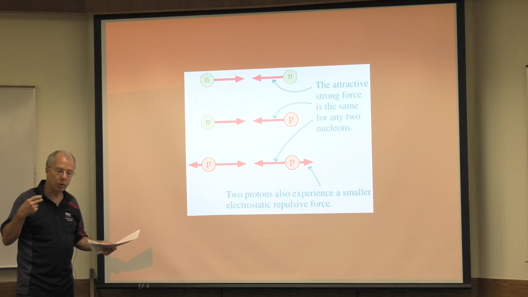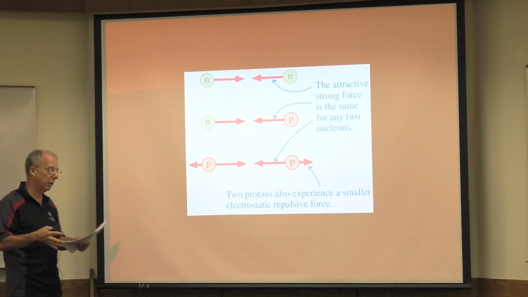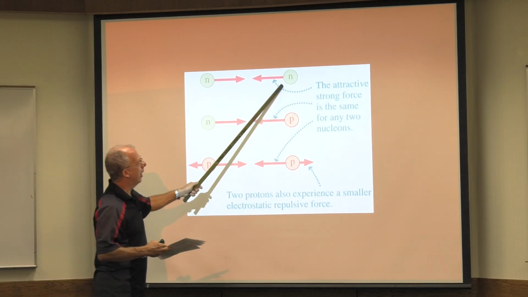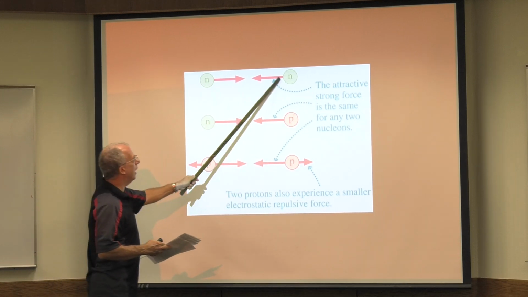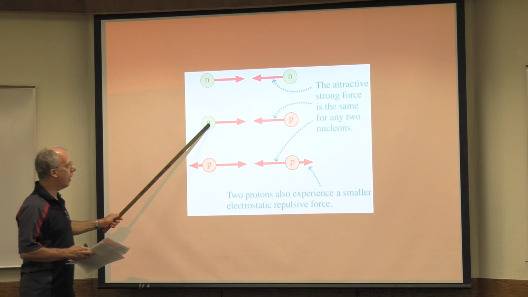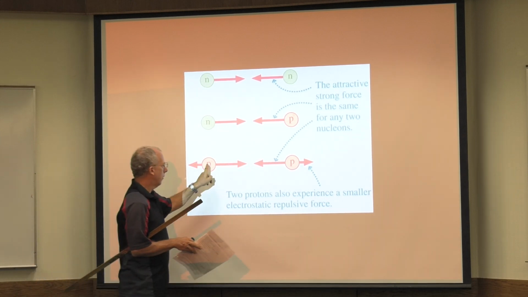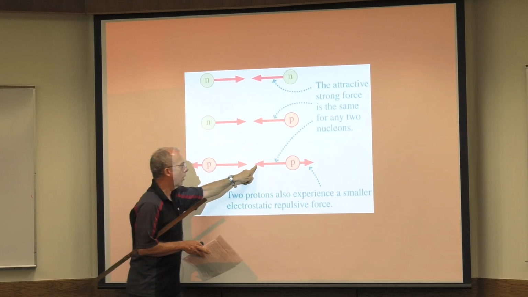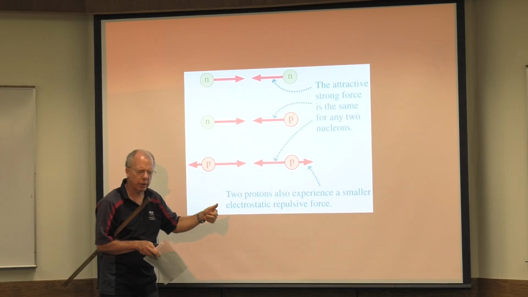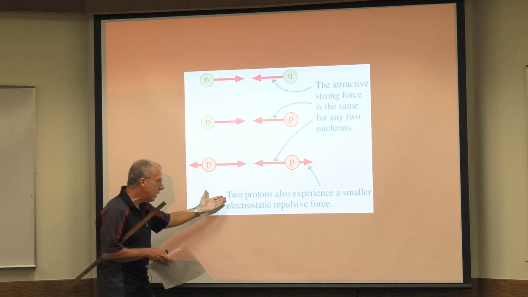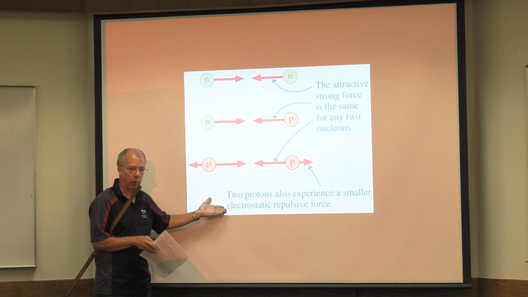So that means that neutrons also exhibit this strong nuclear force. So here we have a neutron and a neutron, right? They're attracting, okay? We have a neutron and a proton. They're attracting. Now this is a cool one, right? We have a proton attracting a proton with the strong nuclear force, and we have them repelling with the weaker electric force, right?